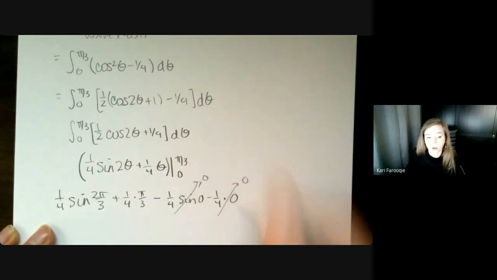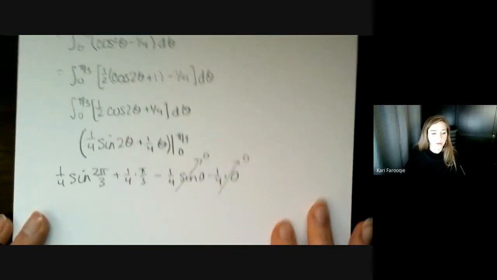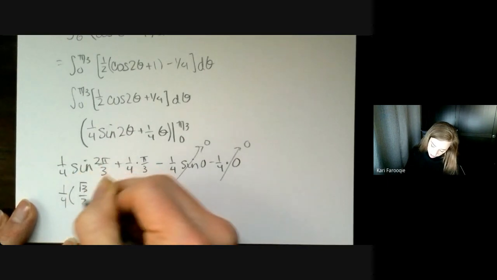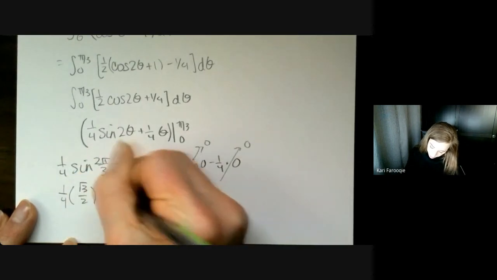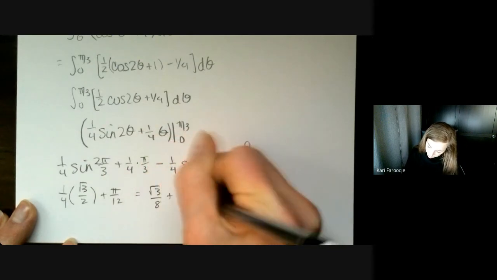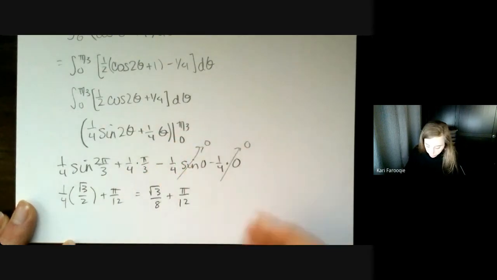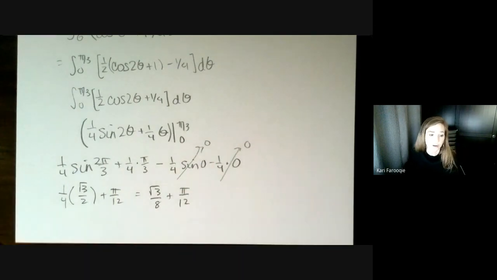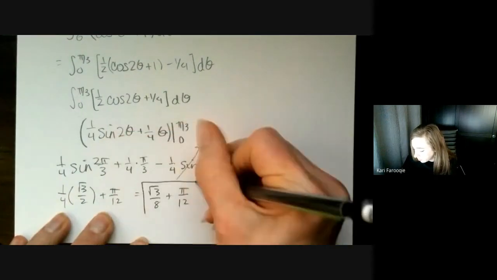So these two are both going to 0. The sine of 2 pi over 3 is positive root 3 over 2. I am totally fine with you leaving this as 2 terms. You don't need to worry about combining radicals and pi's into 1 term. This is fine.